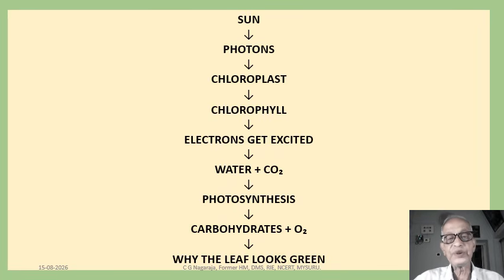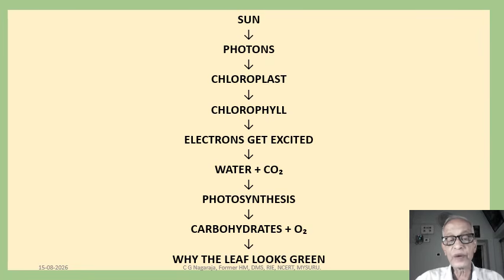Just the events I have put for your remembrance. The sun sends light energy in the form of photons. Photons get onto the chloroplast. Chloroplast has chlorophyll. When chlorophyll gets excited, electrons in the chlorophyll start moving away. It's called the electron chain.